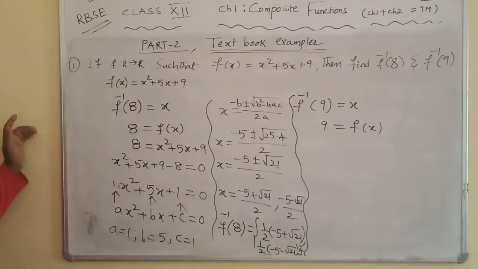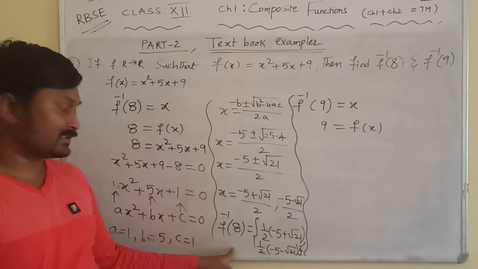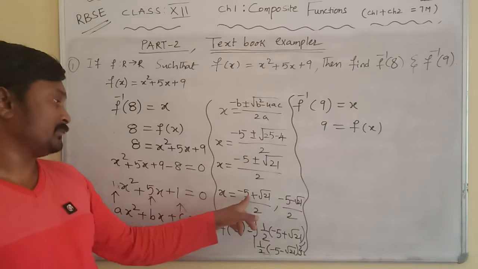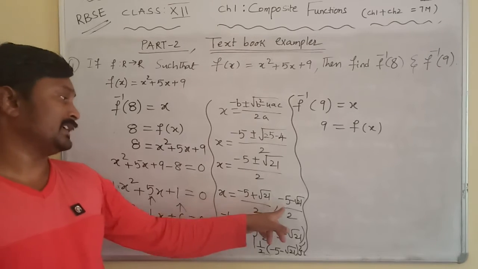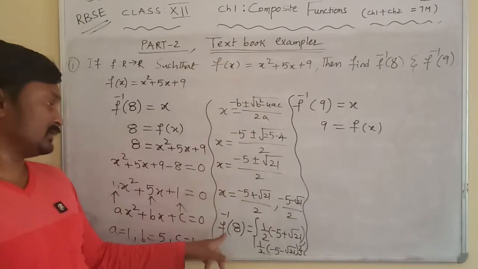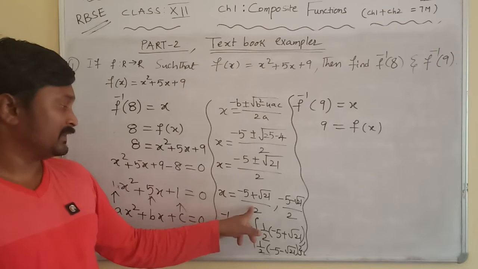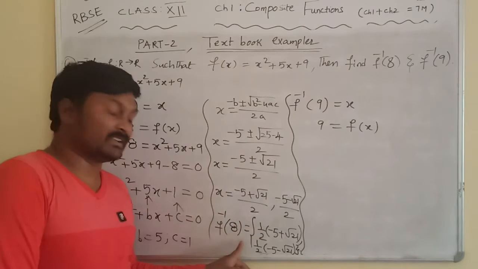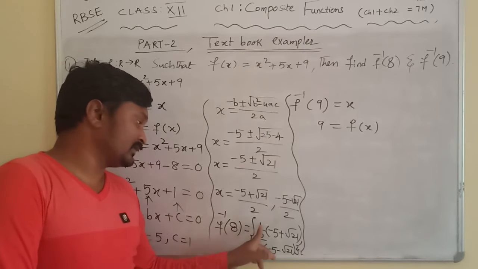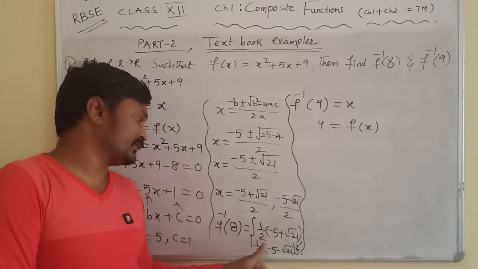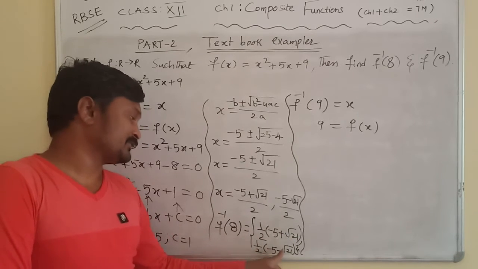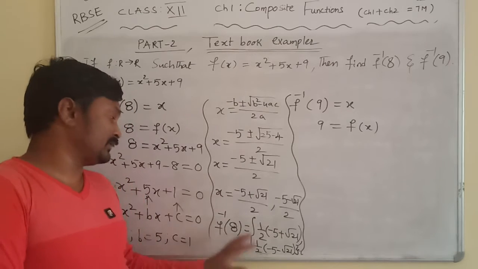So that is about your f inverse of 8. Understand this again: here x is equal to minus 5 plus root 21 upon 2, minus 5 minus root 21 upon 2. Now we can write f inverse of 8 is equal to half of minus 5 plus root 21, and half of minus 5 minus root 21. This is about your f inverse of 8.